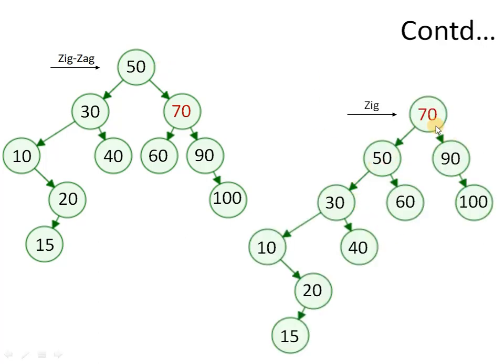So after a single zig rotation, we will get this structure. So in summary, if a search is successful, splay at the node which we have searched. If it is unsuccessful, we have to splay at the node which we have visited before reaching the null pointer.